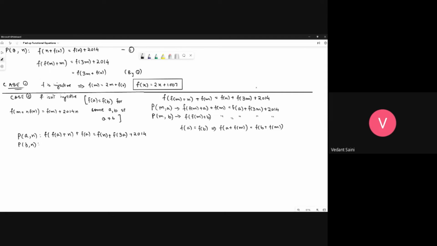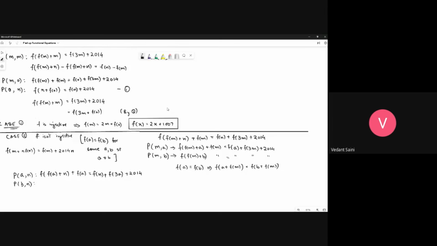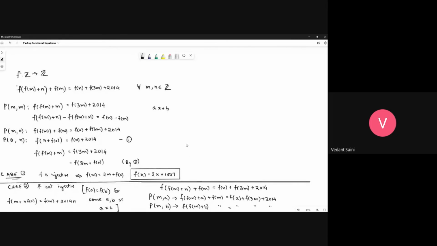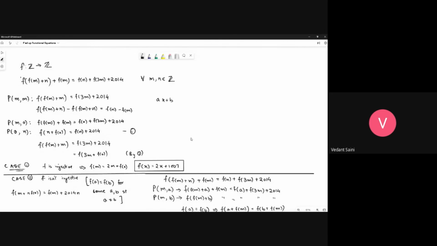Oh, that is the definition of injective. Injective means, we erased it, f of A equals f of B if and only if A equals B. So we have the integers here, and we have the integers here.